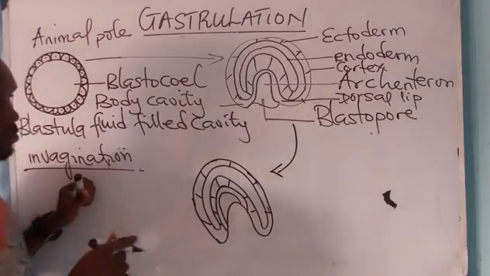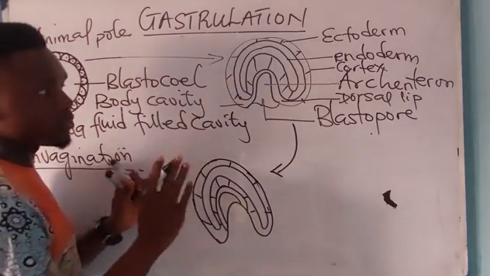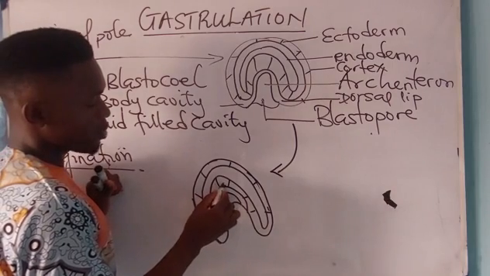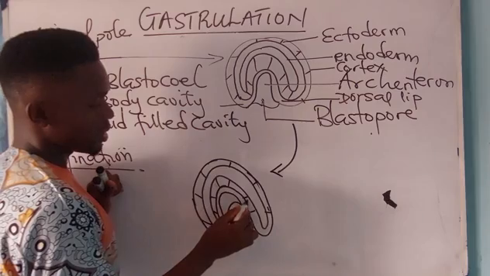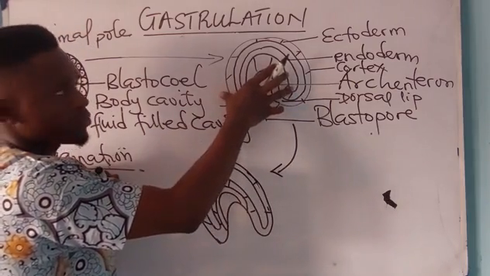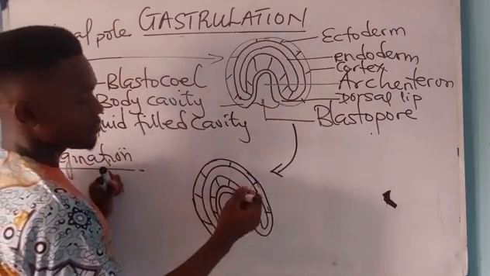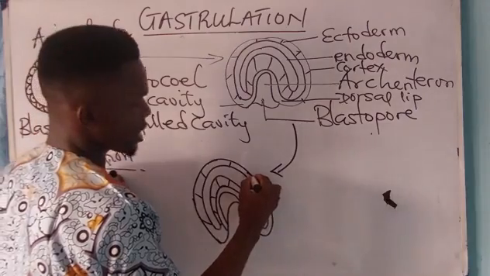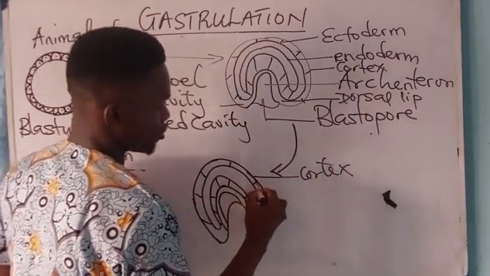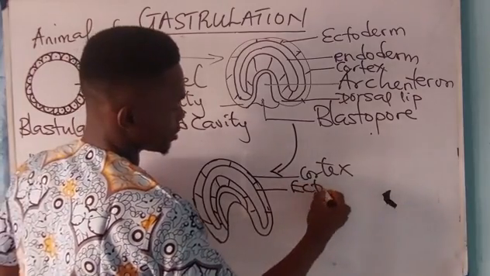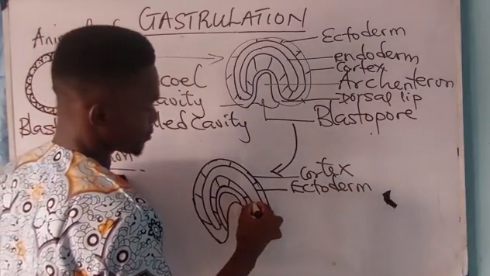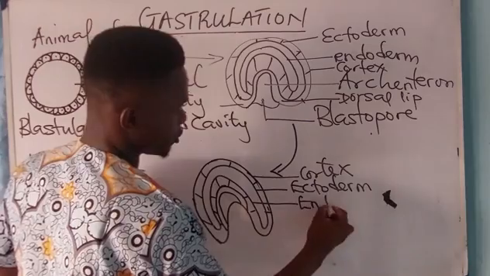All right. This is what you are going to see complete. Now, this is a well labeled blastula. The complete one, of course, has the outermost layer. I told you it is the cortex. Here you have the ectoderm. Here you have the endoderm.